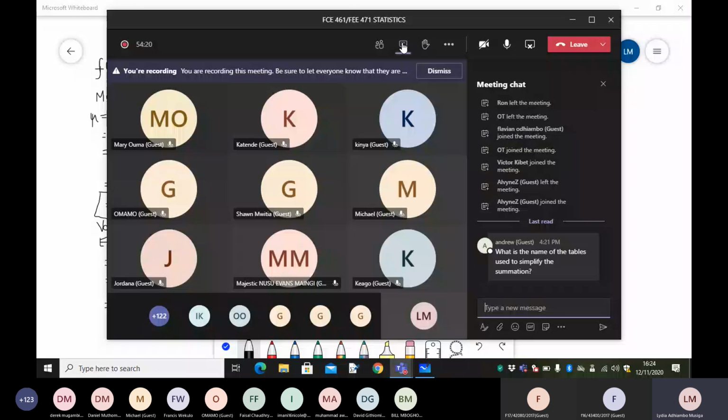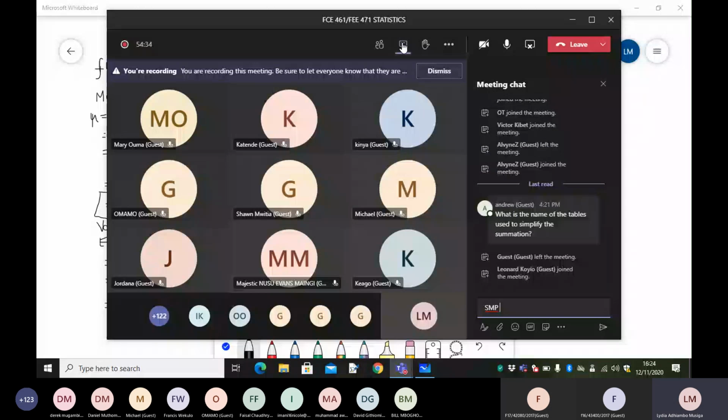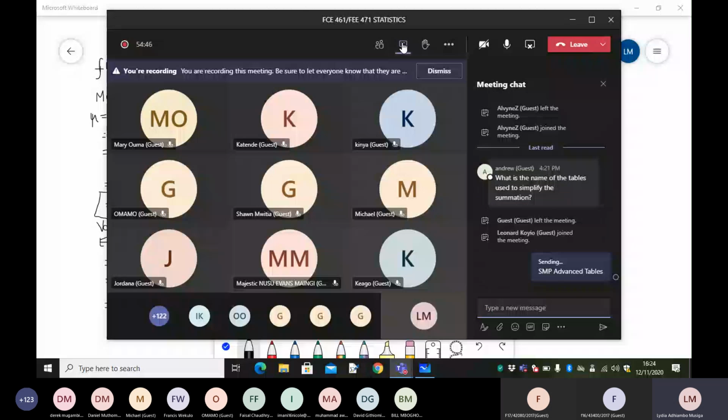So the table is called, and I'm putting it in the chat, SMP Advanced Tables. You can get them from UN bookstore. I have put it in the chat, so you can look for that table from the bookstore.